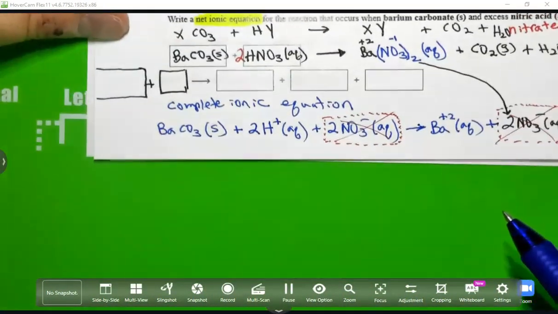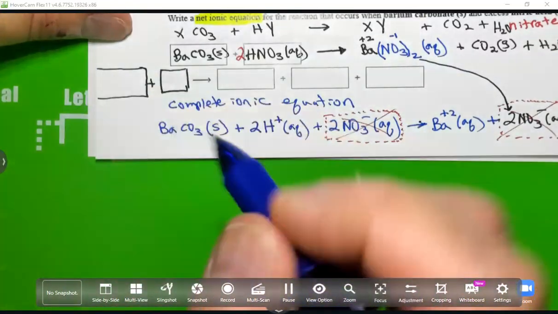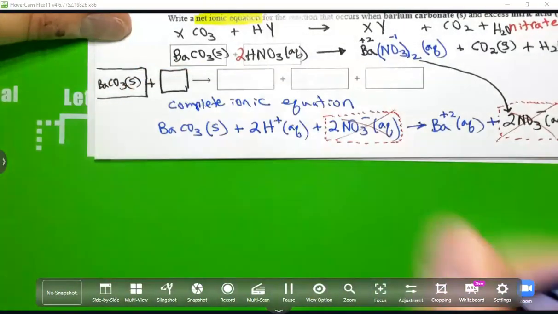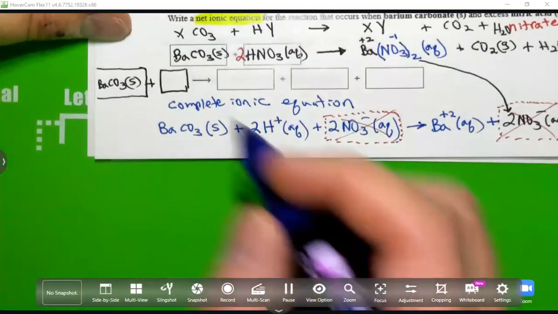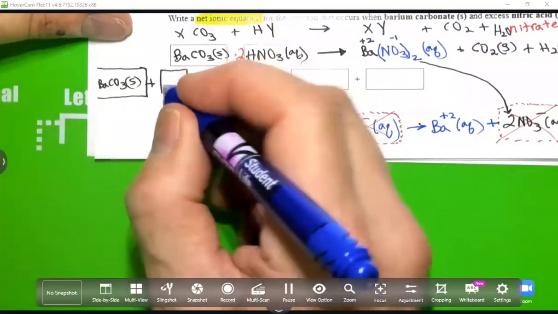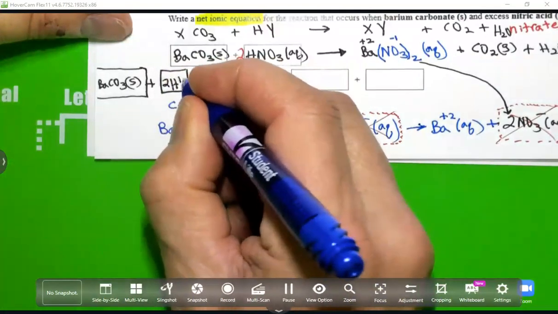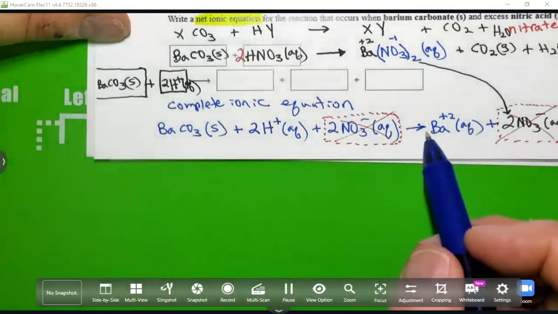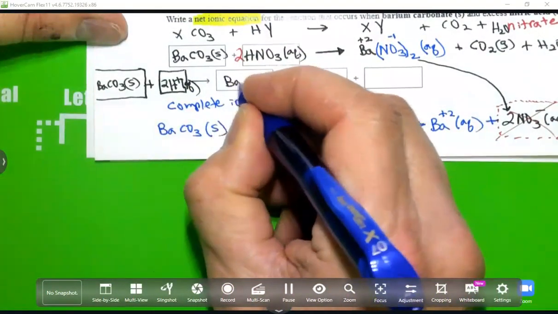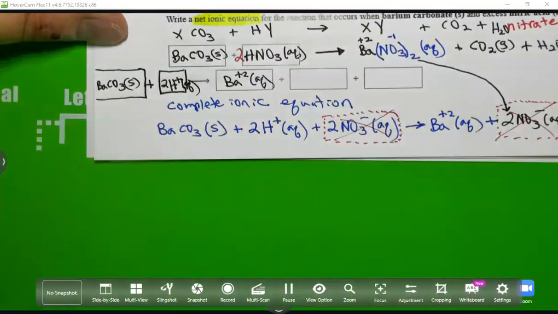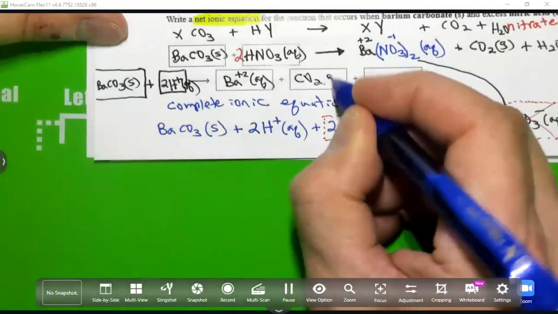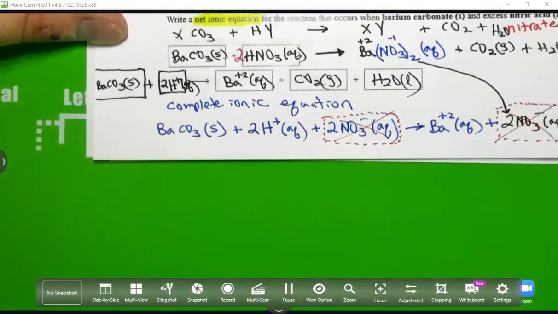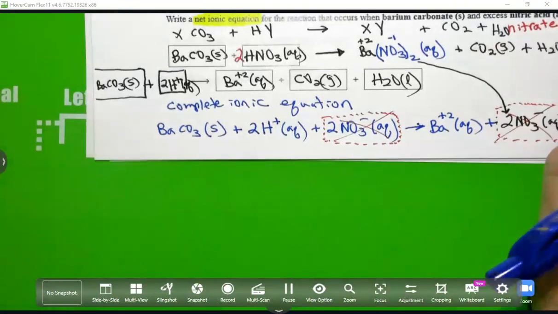So the answer is going to be barium carbonate solid plus 2 H plus aqueous, then we get Ba plus 2 aqueous, carbon dioxide gas, water, for our net ionic.